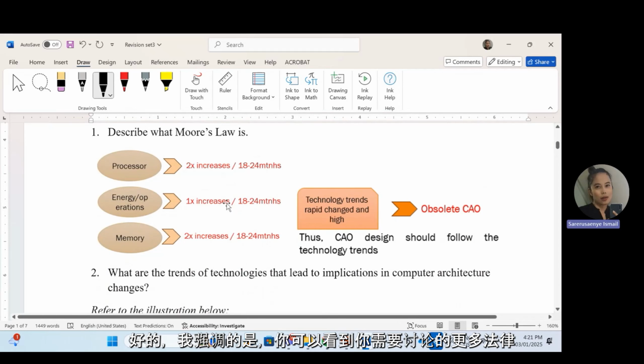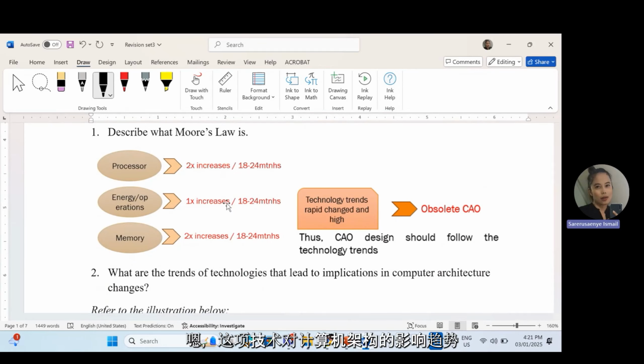You need to have a discussion about the impact of that technology trend towards computer architecture, especially what we can see most highlighted: three main components, which are processors, then energy and operations, and lastly memory.